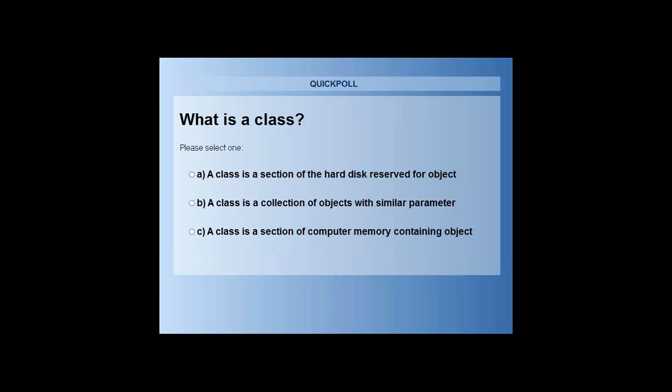Is a class a section of the hard disk reserved for objects? A class is a collection of objects with similar parameters, or a class is a section of computer memory containing objects? You just have to click on one of the radio buttons and cast your answer. Mahesh says class is a template.